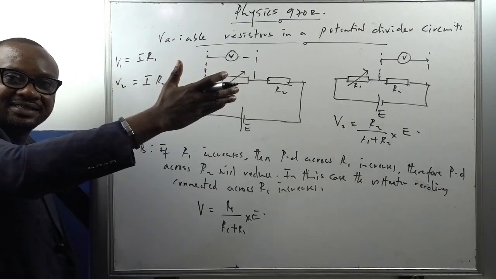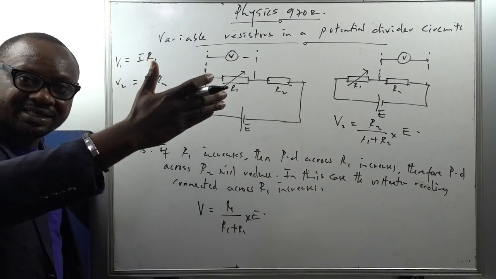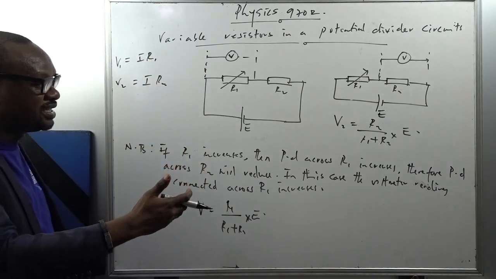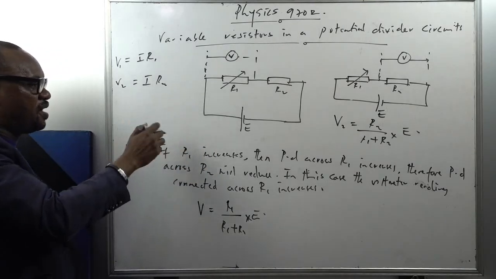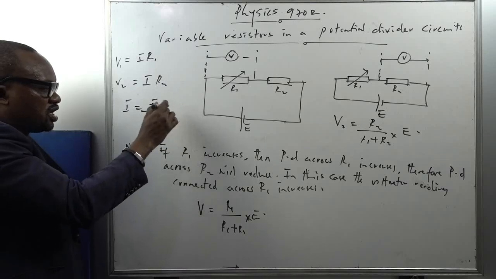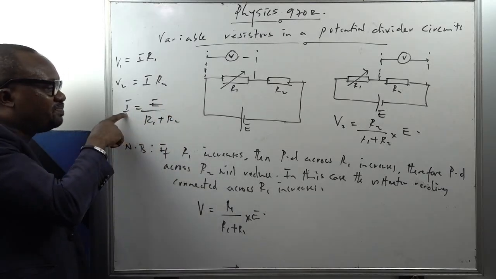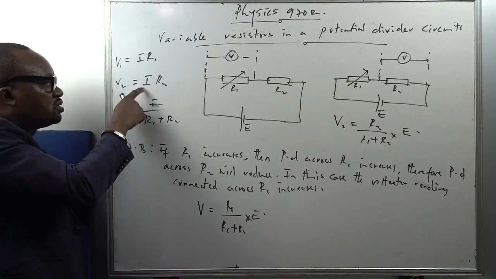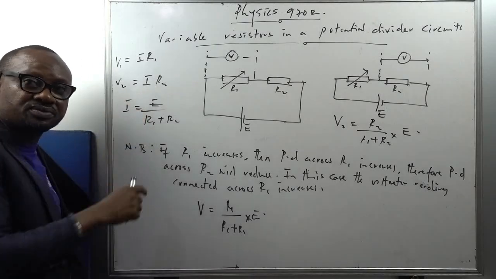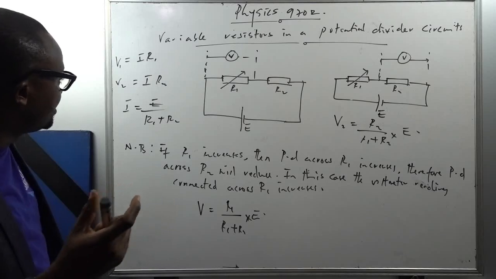And if the combined resistance of the circuit increases, remember we said that the current is given as E over what? R1 plus what? R2. If this combined resistance increases, then the current supplied by this battery will reduce. Therefore, the voltmeter reading across R2 will do what? Will reduce.